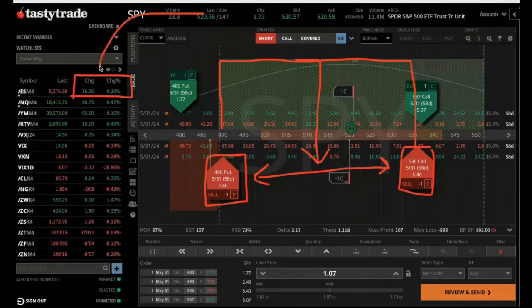Okay, you're not panicking because you don't have any risk to the upside. Your risk is only to the downside on this trade. That's why, or hence why, we call it the no upside risk iron condor.